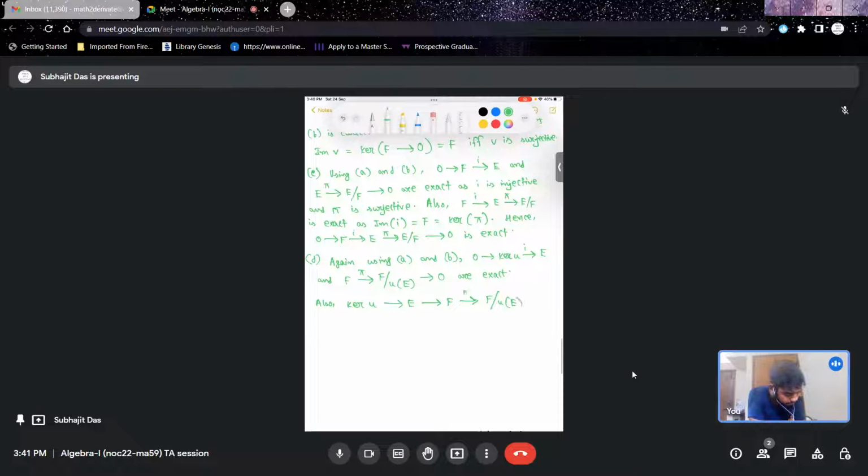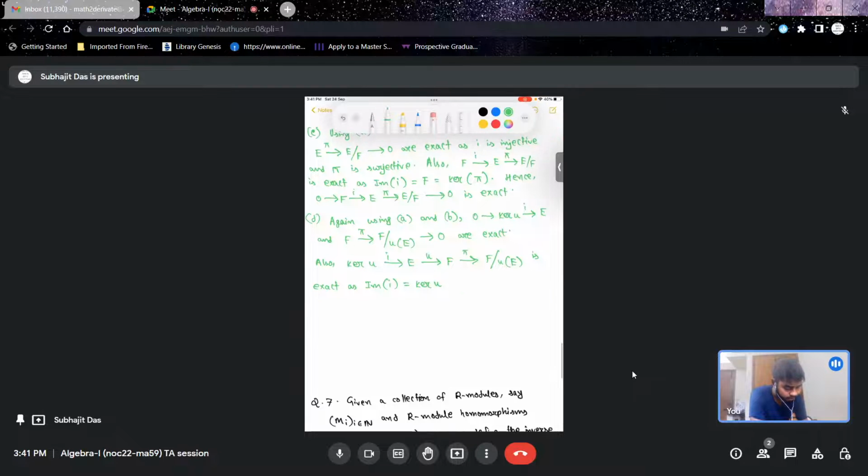So this is pi, this is I, and this is U, is exact, as the image of I is equal to the kernel of U, and the image of U, which is U(E), is equal to the kernel of pi.